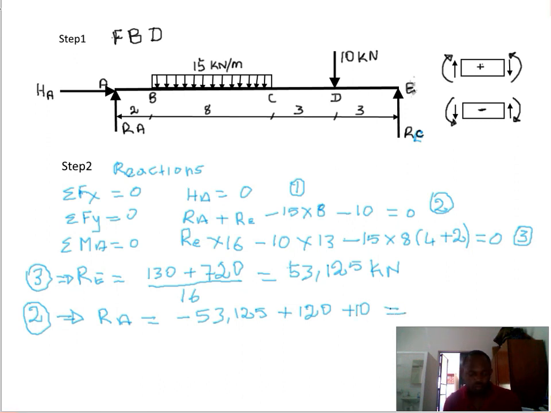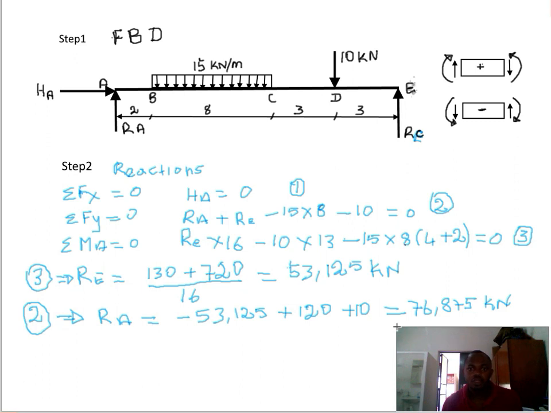This will give us 120 minus 53.125 plus 10, so this gives us 76.875 kilonewton. Here are our reactions, the reaction at E and the reaction at A.